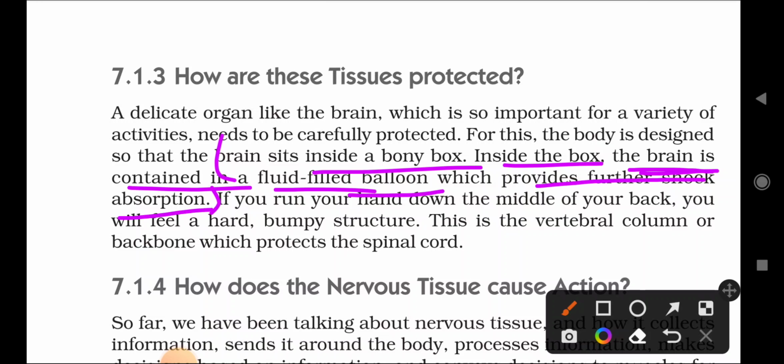If you run your hand down the middle of your back, you will feel a hard, bumpy structure.